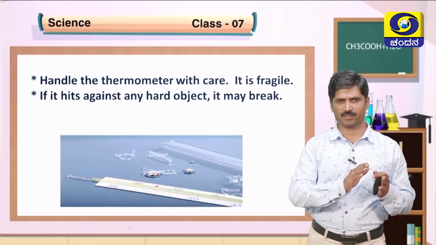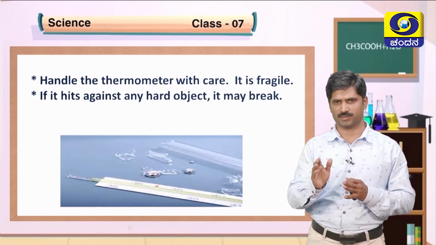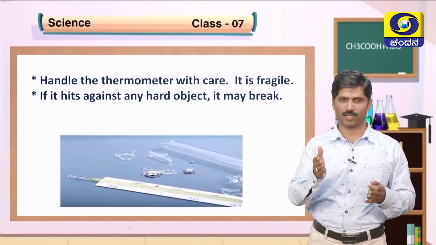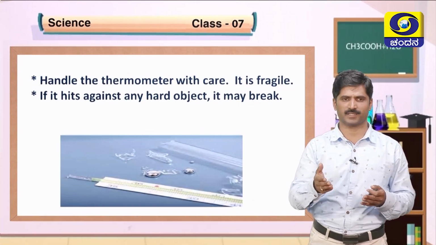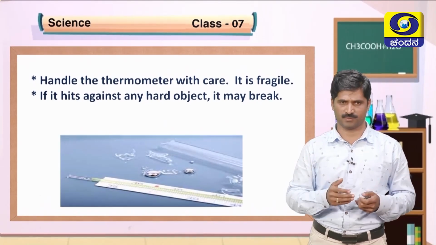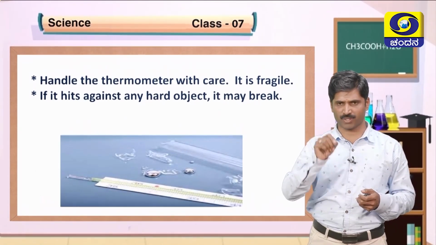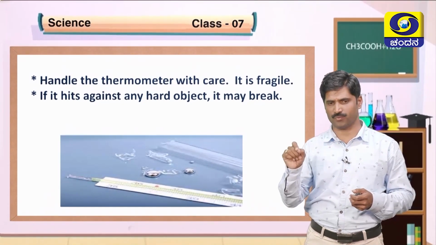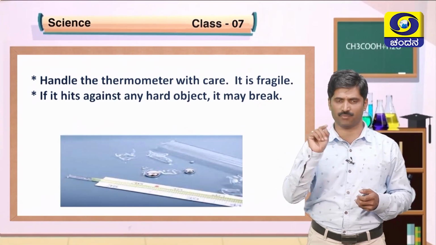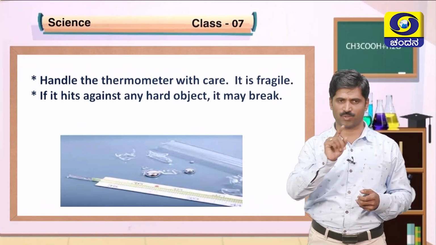The thermometer is made of glass. It is fragile. Handle with care. It may break if it hits against any hard object, and it has mercury. Mercury is harmful to the environment, so be aware while using a thermometer.